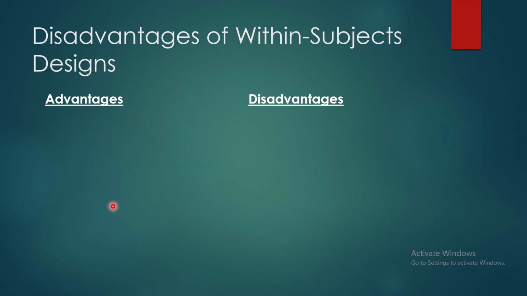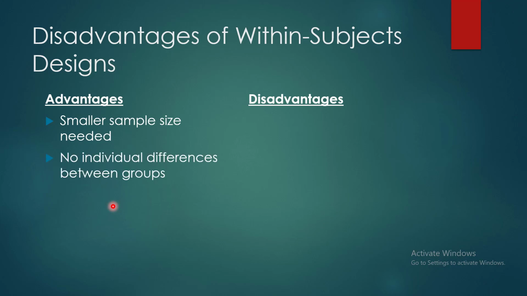Now we're going to talk about the advantages and the disadvantages of this within subjects design. When you have a within subjects design, you need a smaller sample size because you don't have to split it into two groups. There are no individual differences between the groups because the same group of individuals is undergoing each treatment condition.